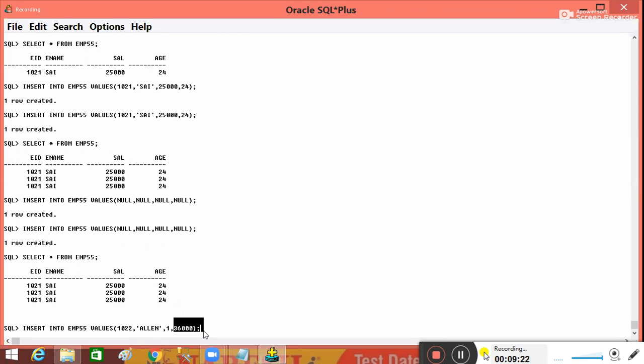No. So is that value valid or invalid for your age column?